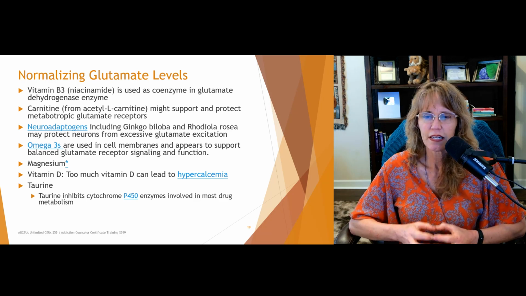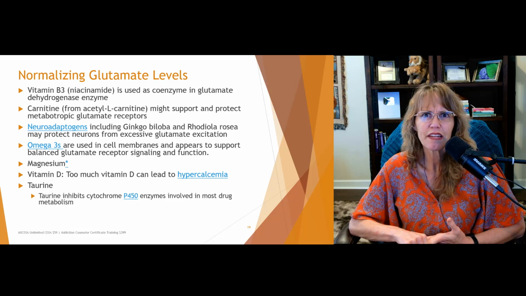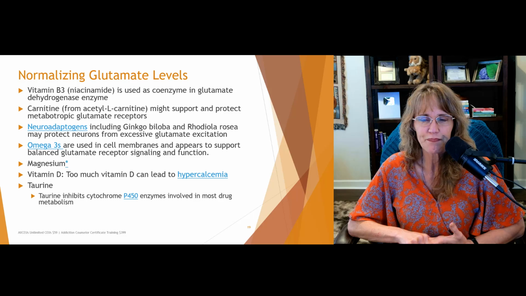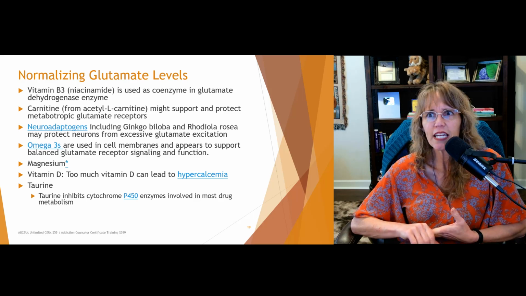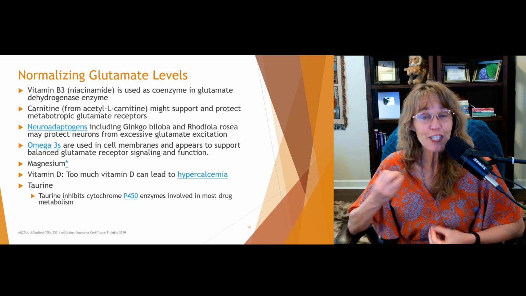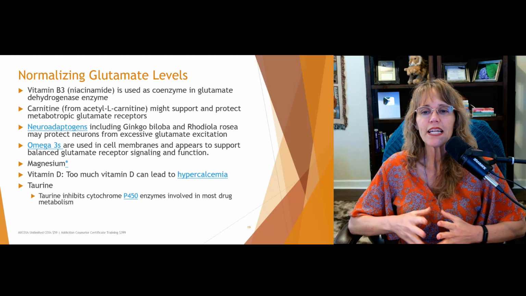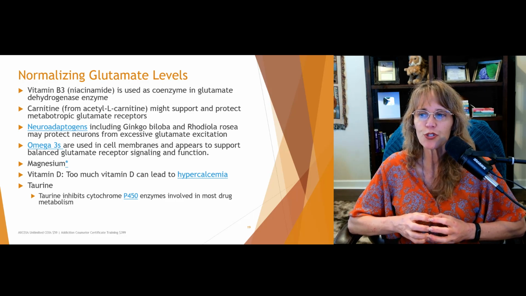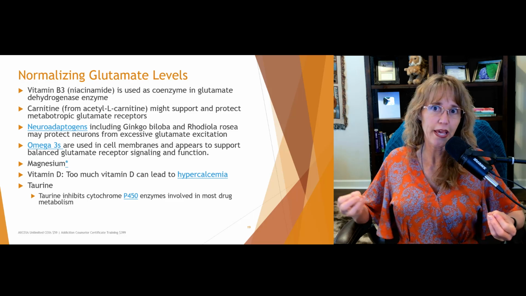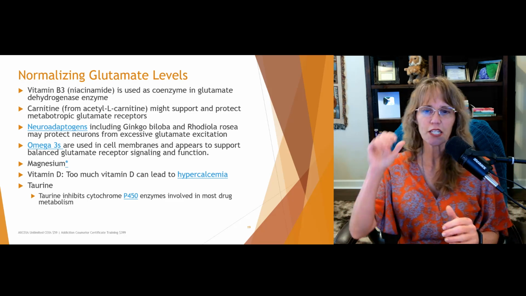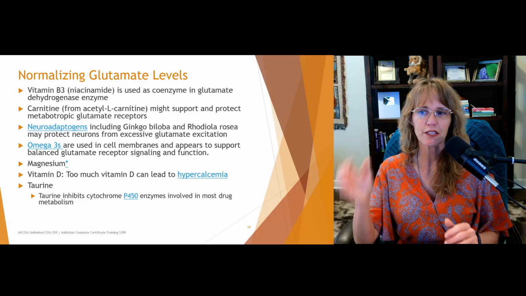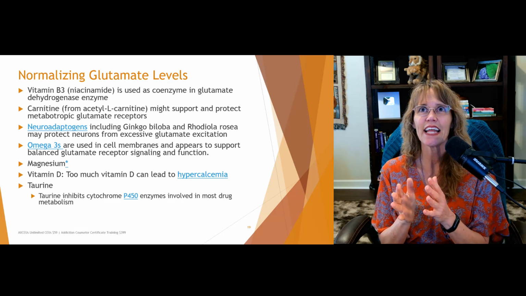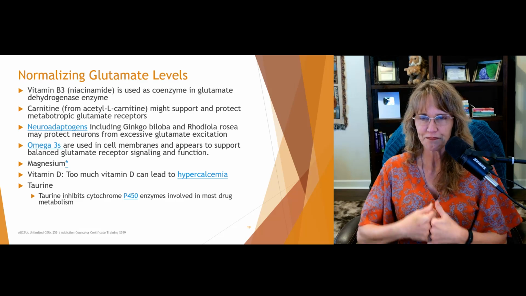And taurine. Taurine is what we think of in cat food, but it's also in a lot of your energy drinks. Taurine, in and of itself, may increase glutamate levels a little bit, but it also inhibits cytochrome P450 enzymes involved in most drug metabolism. Why do we care? Well, somebody's taking a lot of taurine, they're just pounding back those energy drinks, and they've got high levels of taurine.